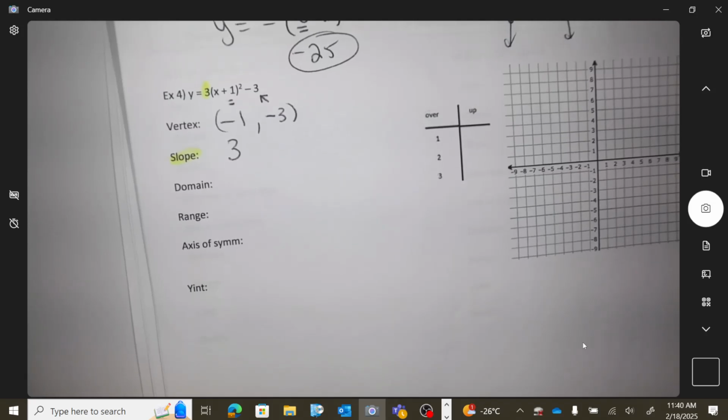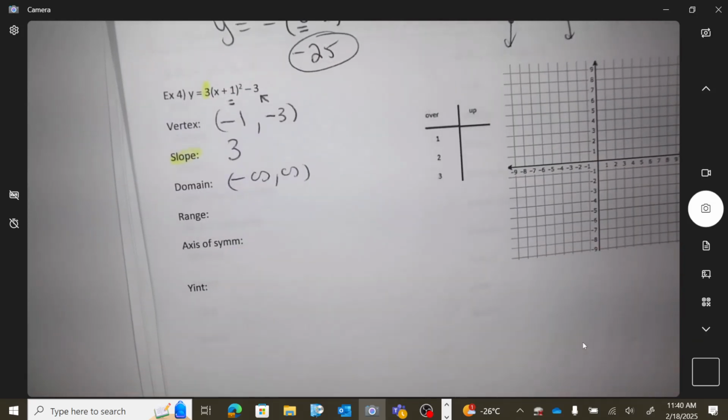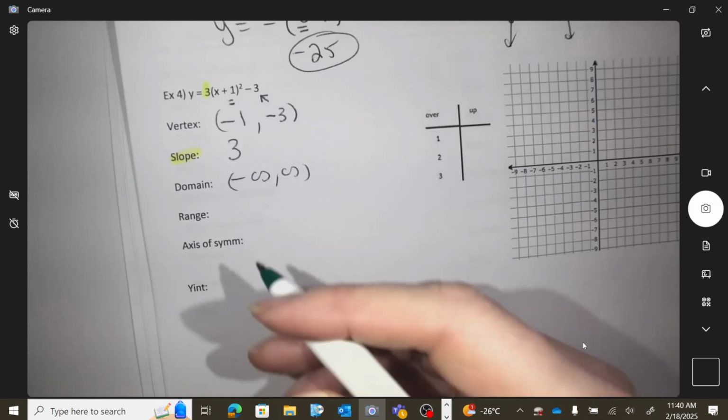Okay, domain. -infinity to +infinity. So you're going to go left and right. Range. So I do need to understand what my shape is. Is it up or is it flipped?